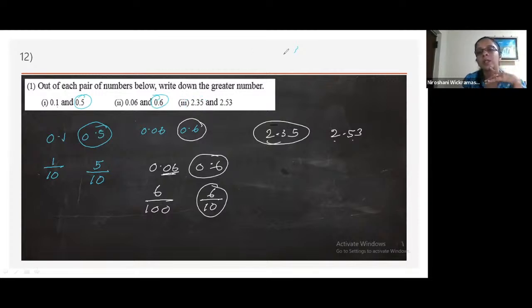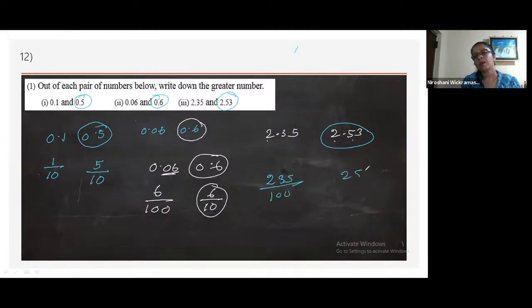They ask us to write the greatest one. So this is small because at this place that is 3. So this is the greatest one. Even you can decide like this. 2 zeros below the line, 235 over 100 and 253 over 100. Denominators are same, 235 bigger or 253? 253. So this is the answer, right?